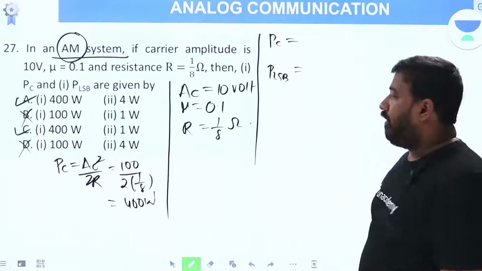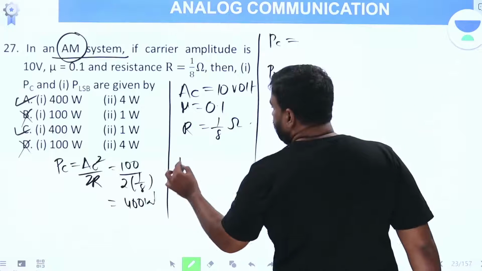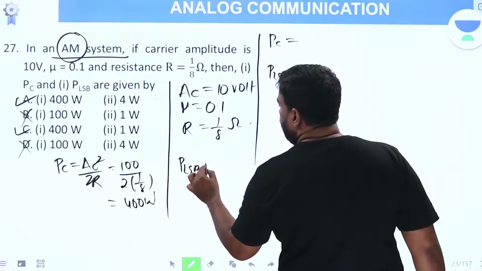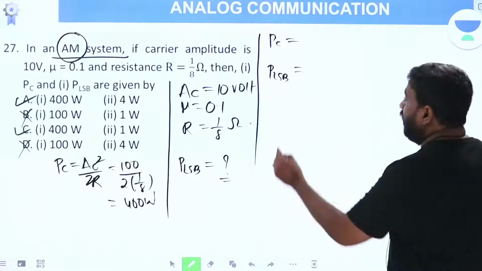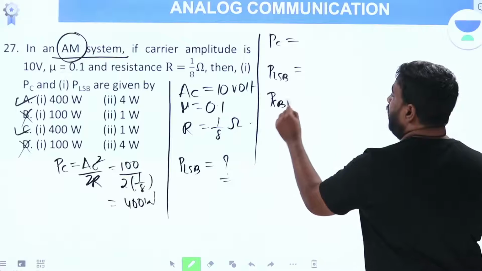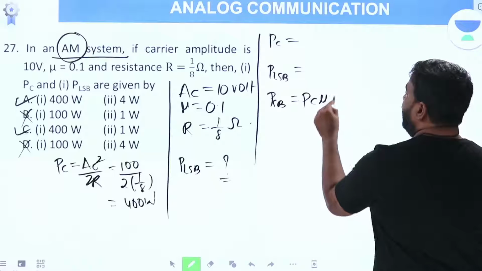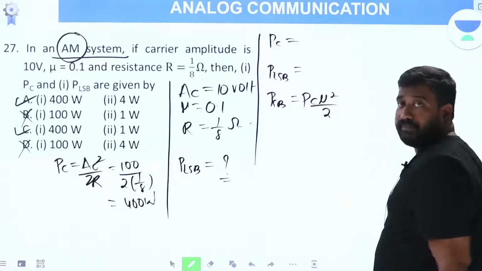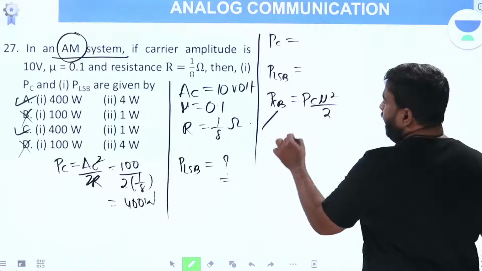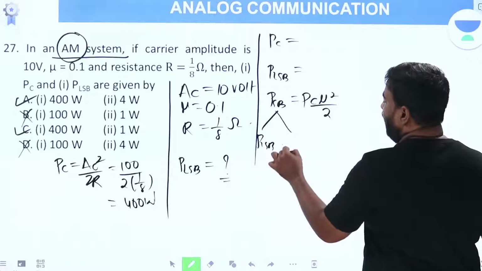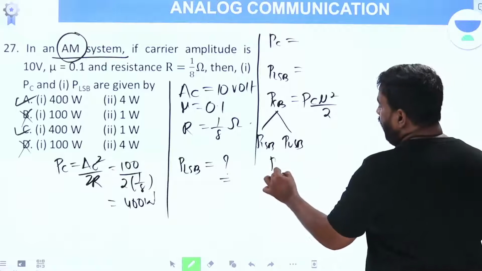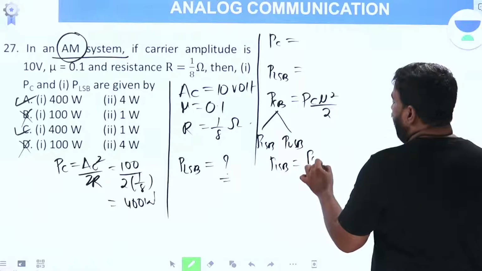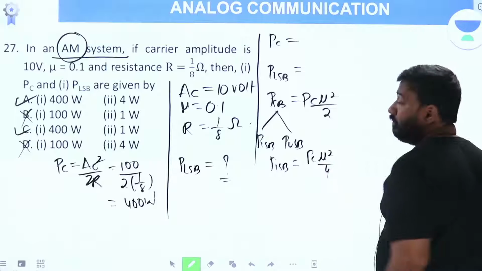Lower sideband power. Now you know the formula for sideband power, which I derived earlier: Pc into mu square by 2. There are two sidebands, lower and upper, and the power is equally distributed. Therefore, lower sideband power is half of this: Pc into mu square by 4.